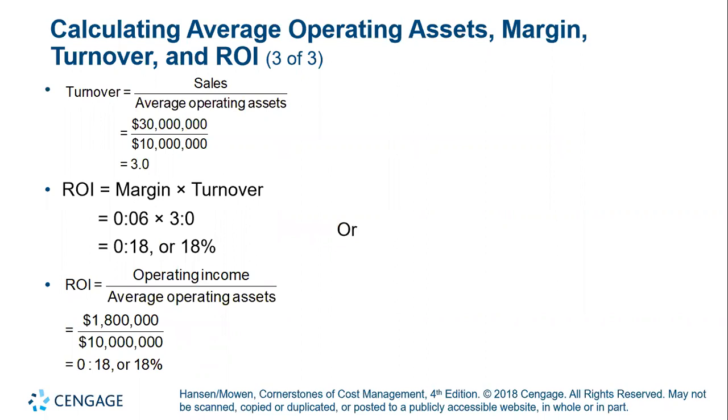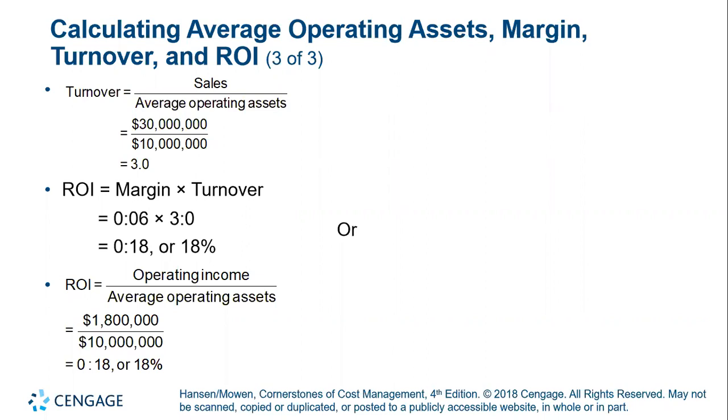Sales of 30 million divided by the average operating assets of 10 million gives an assets turnover equal to 3. Meaning your operating assets are turned over 3 times in connection with the earning of sales. So the ROI is taken based on the formula by multiplying the margin by the turnover.